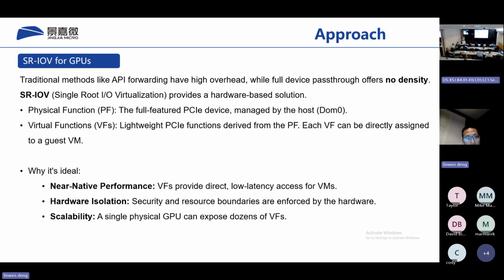To solve this problem, we evaluated existing technologies. Traditional methods like API forwarding, while flexible, come with significant CPU overhead and incompatibility problems.